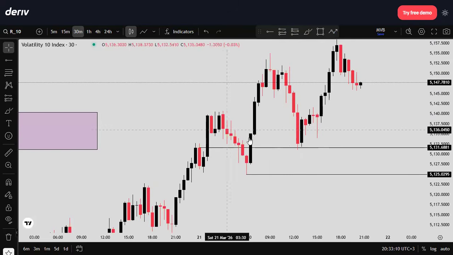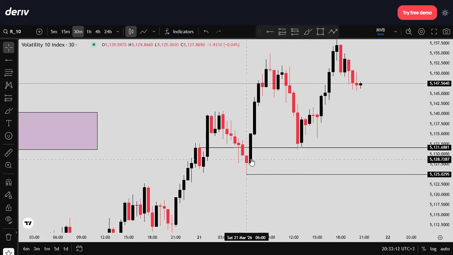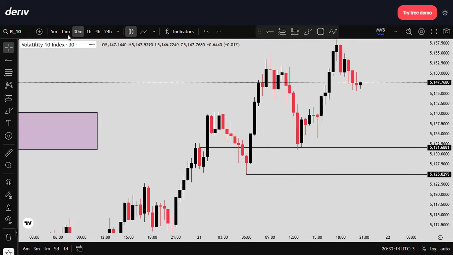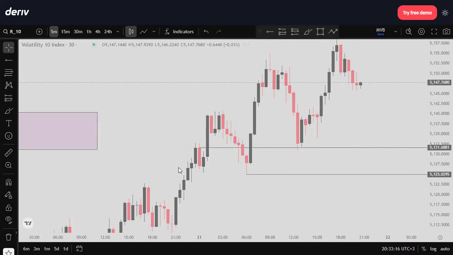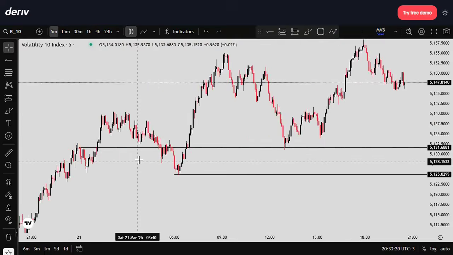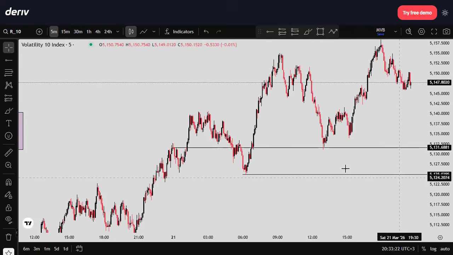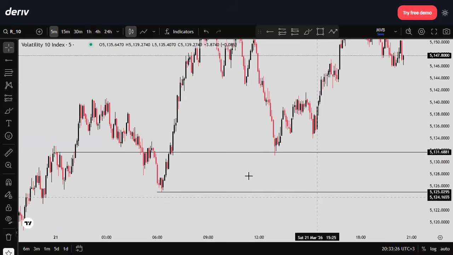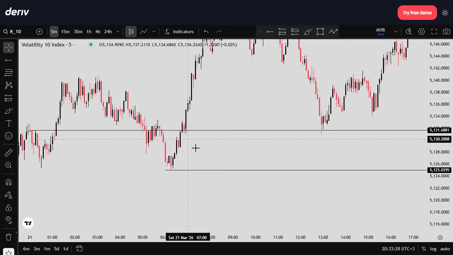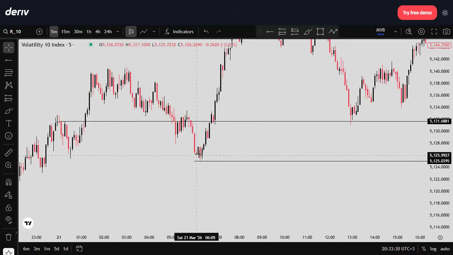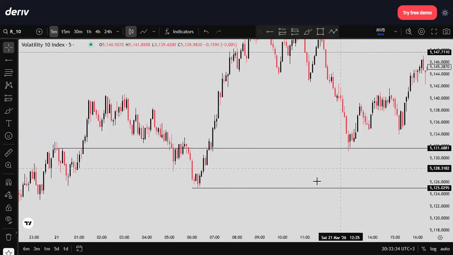I didn't even bother to go deeper and look at the 5 minutes or other time frames for entries. Although in the 5 minutes you can see we have the inside formation, and this one also, the inside formation, which were clean, not tapped.